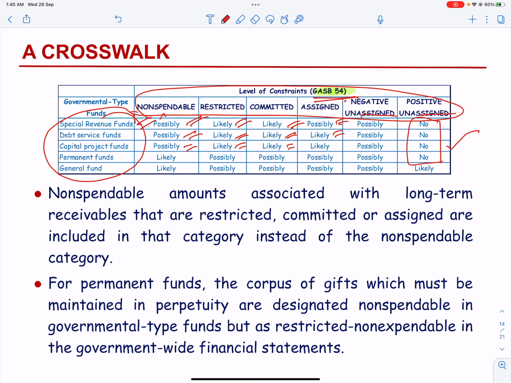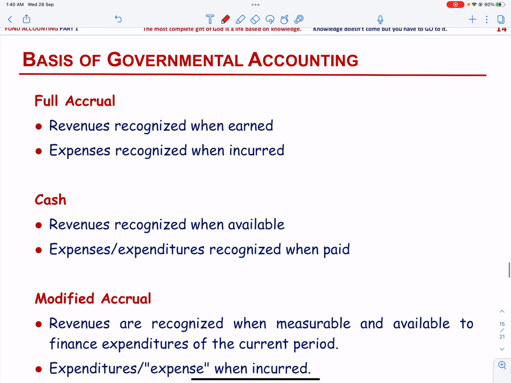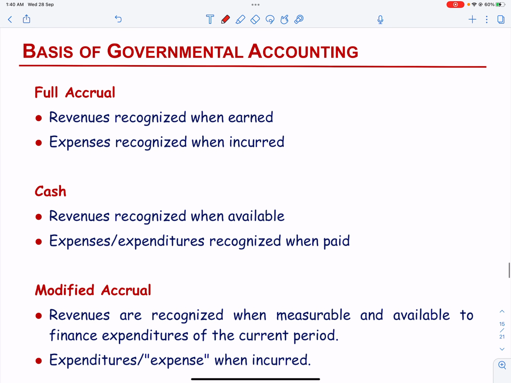Next, we are going to talk about basis of governmental accounting. I am sure that by this time you have already gone through the basis of accounting for business in other accounting courses. Recall that businesses record revenue and expenses on full accrual basis, and the rule is revenue is recognized when earned and expenses are recognized when incurred.